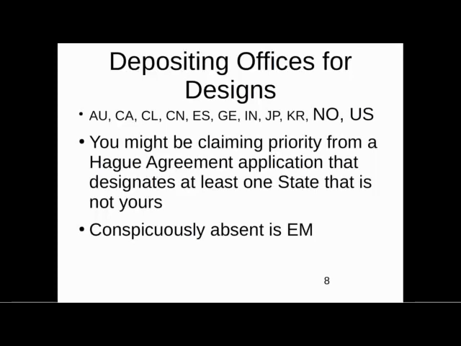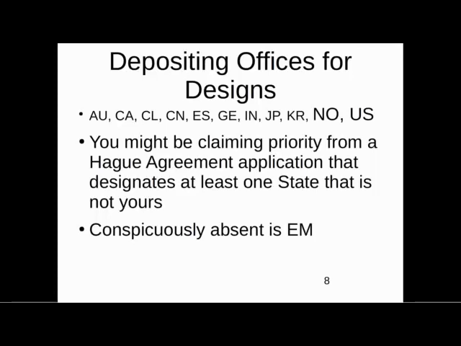You might be claiming priority from a Hague Agreement application, one that somebody filed in the Hague system at WIPO, and that designates at least one state that is not the country that you're in. That could be a priority application for purposes of your country. So for example, somebody files a Hague case that designates, say, France.